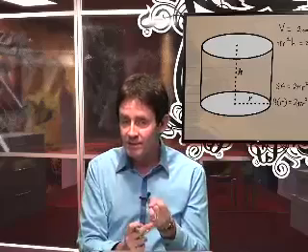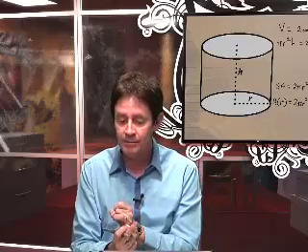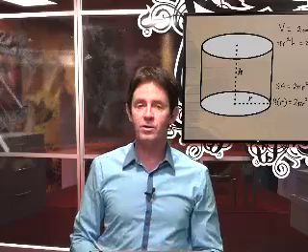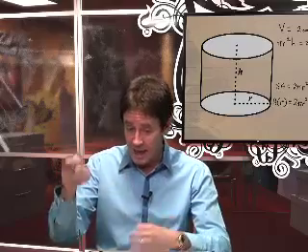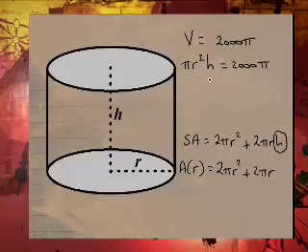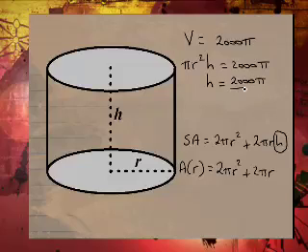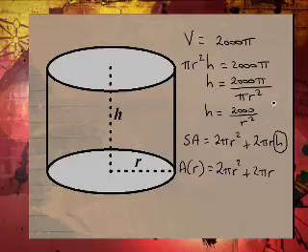They've given us the volume as 2,000 pi. We know the formula for volume is pi r squared h. So what I could do is divide both sides by pi r squared. And look what h comes to. The pi's cancel, 2,000 over r squared. Now that's going to be a lot of use for us if you plug it in.